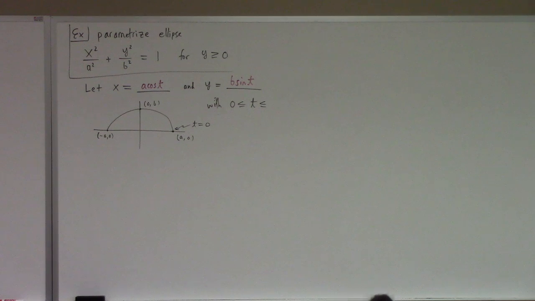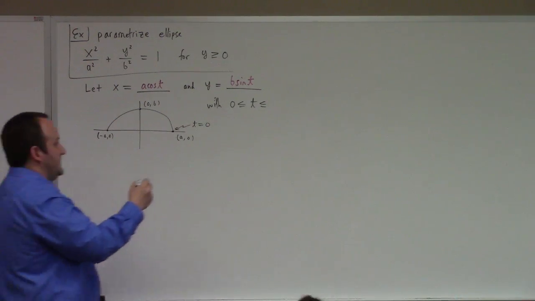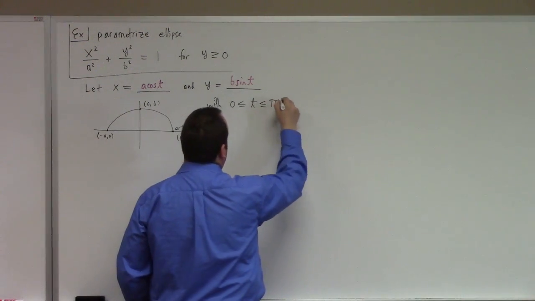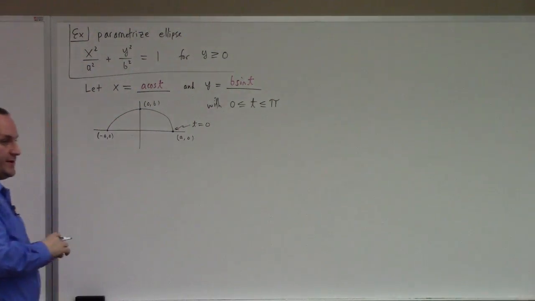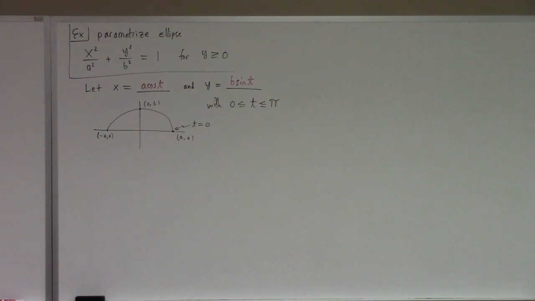Cosine of 0 is 1, sine of 0 is 0. How do I get to (-a, 0)? Put t equal to pi. Of course, geometrically, you can see what's going on here. In fact, t is just the polar angle. So there you have it.